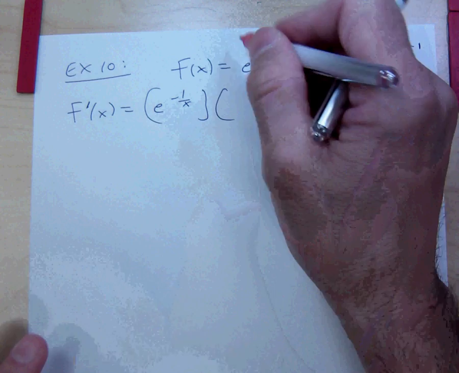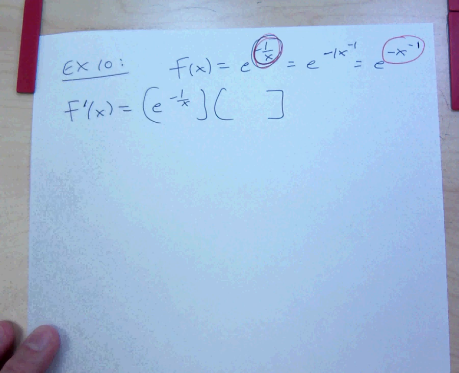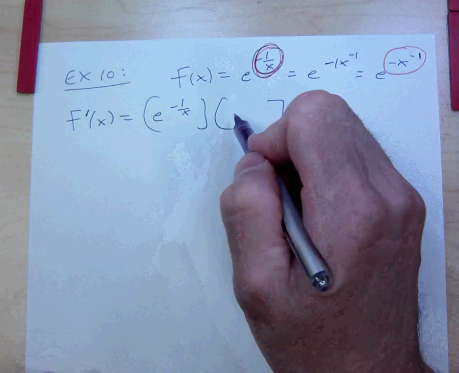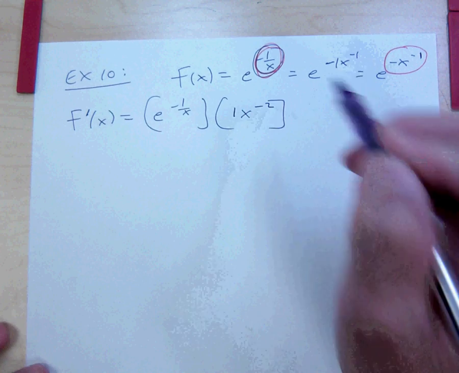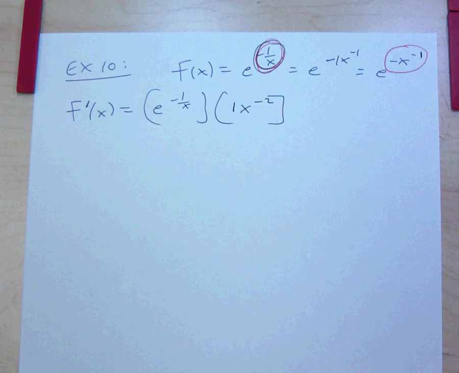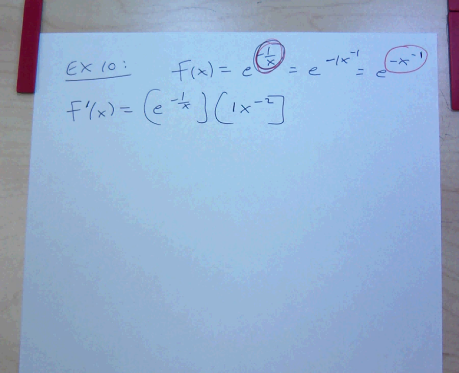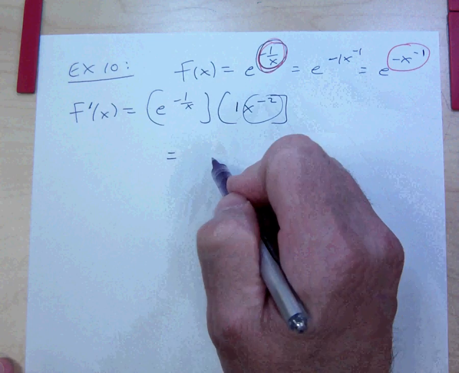And so to take the derivative of that right there, I'm going to take the derivative of that. Okay? And so to take the derivative of that, I'm going to bring down the negative 1, multiply it out front, giving me a positive 1, and then subtract 1 from the exponent. Okay? Got it? And then at that point, simplify it. I'm going to move this to the denominator so I can make it a positive exponent.